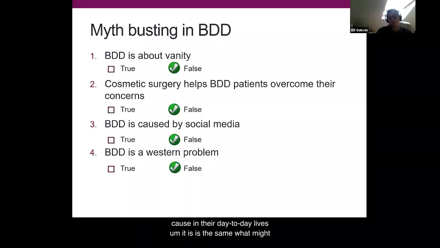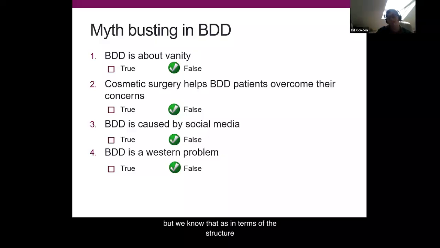It is the same. What we might see differences in is more of the content of those worries, and that might be more based on the social norms of a particular culture. So you might find that in some cultures worrying about your skin or the shape or size of your eyes might be more common than others, for instance. But we know that in terms of the structure of BDD and the key symptoms, it's the same across the world.